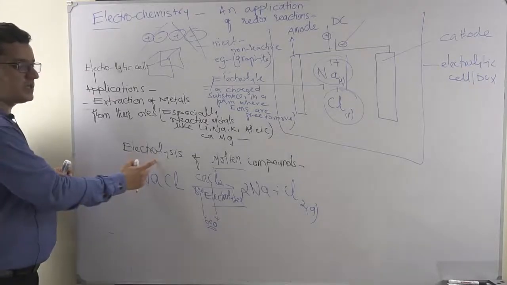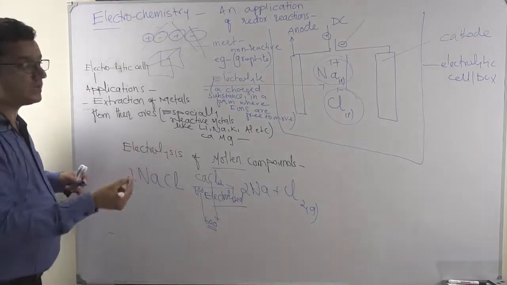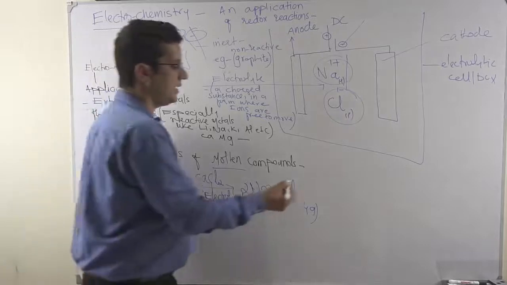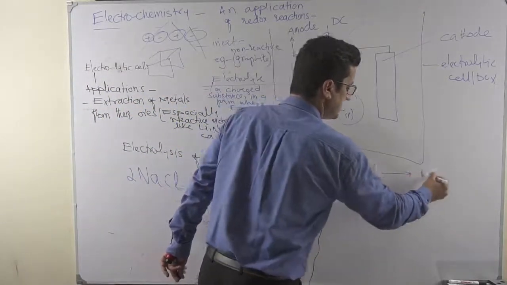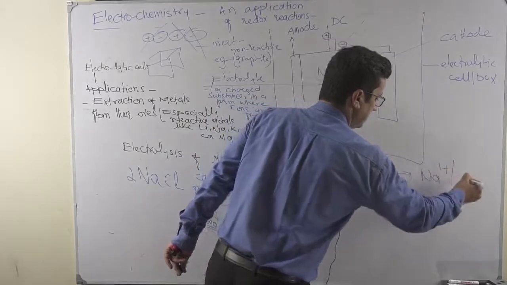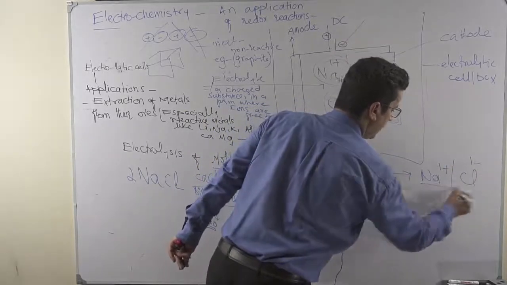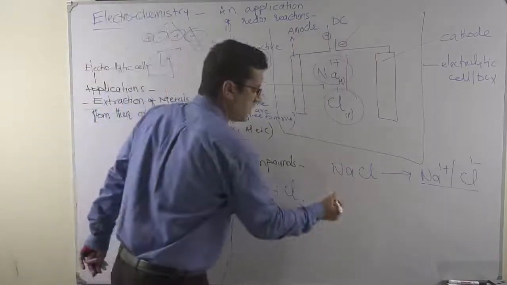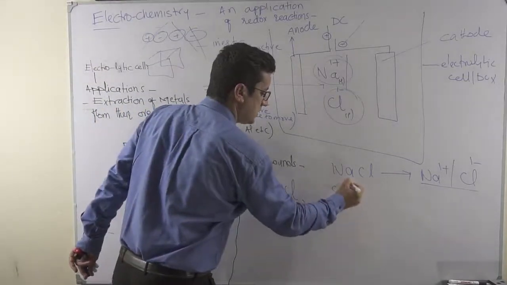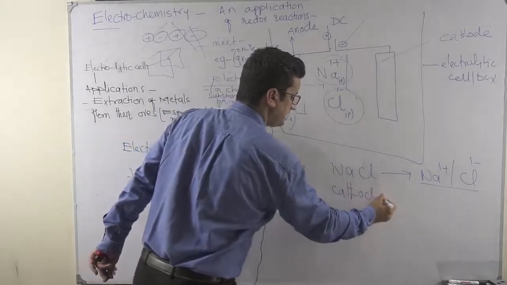We have electrolysis of molten compounds in our hand. The word molten means sodium chloride, NaCl in this case. When it is placed in the electrolytic cell, it should be in the form of sodium ions and chloride ions. When we approach this electrolysis, we'll find out the cathode straight away.